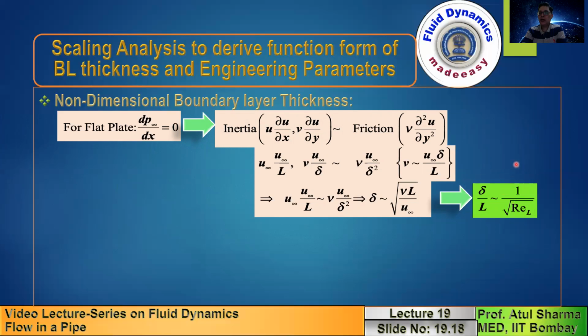This analytical derivation gives you a functional form of the relationship between the two variables: the independent variable, which is the Reynolds number based on the length of the plate, and the dependent variable, which is the non-dimensional boundary layer thickness. So this gives you a relationship that the non-dimensional boundary layer thickness is inversely proportional to the square root of Reynolds number for a laminar flow.